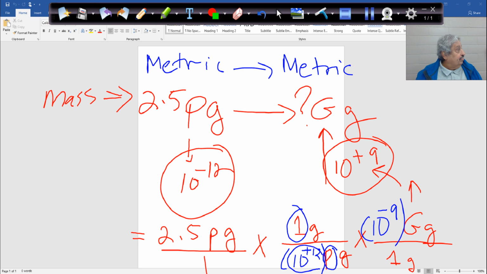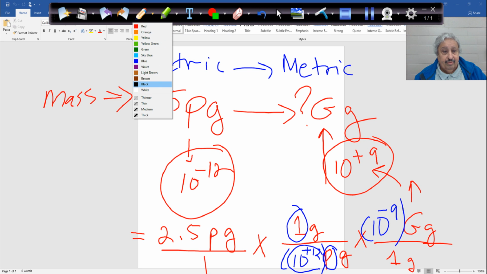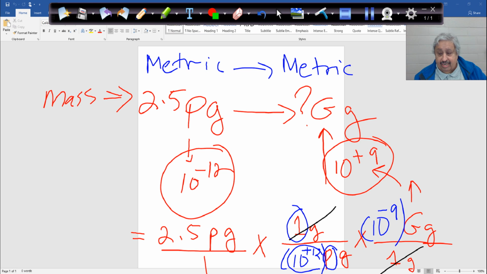Can you see it now? With this in mind, gram with gram cancels out, correct? And the picogram with the picogram cancels out. The only unit left is whatever we are asked for, gigagrams.